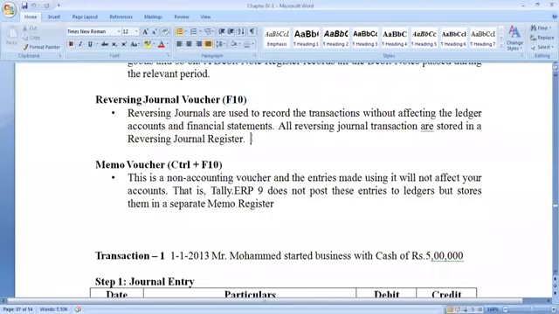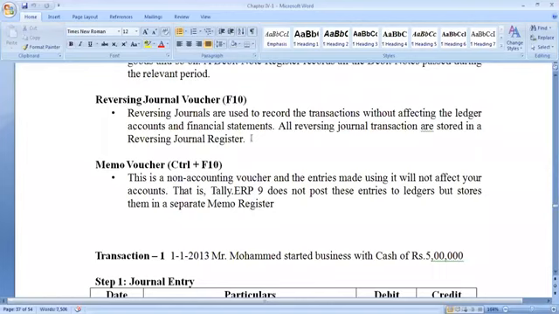What is the reason for reversing the journal? Reversing journals are used to record a transaction without affecting the ledger accounts and the financial accounts, which are stored in a reversing journal register. It will be in reverse order, not in a continuous way.